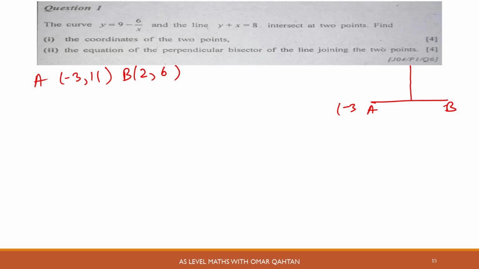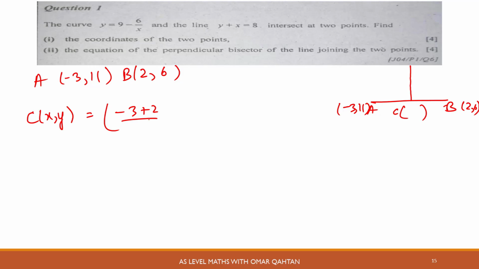So minus 3 comma 11 and 2 comma 6. The first step for finding the equation of the perpendicular bisector is to find the midpoint, and that's how we are going to do it. Let's say this midpoint is C. This is the midpoint C.